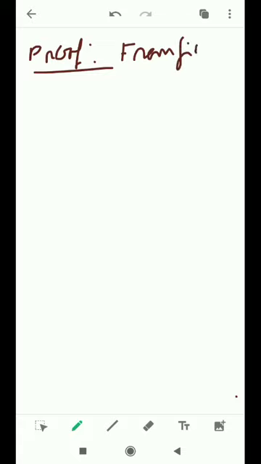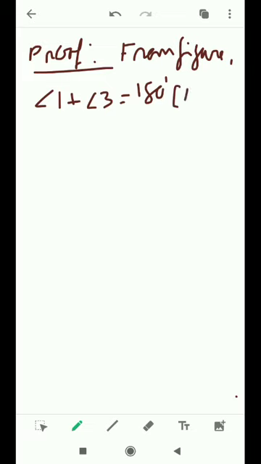In the proof, from the diagram you can see, we can see from the figure that angle 1 plus angle 3 is equal to 180 degrees. What is the reason? Because they are a linear pair. That means they are on the same straight line, and the sum of them will be equal to 180 degrees.